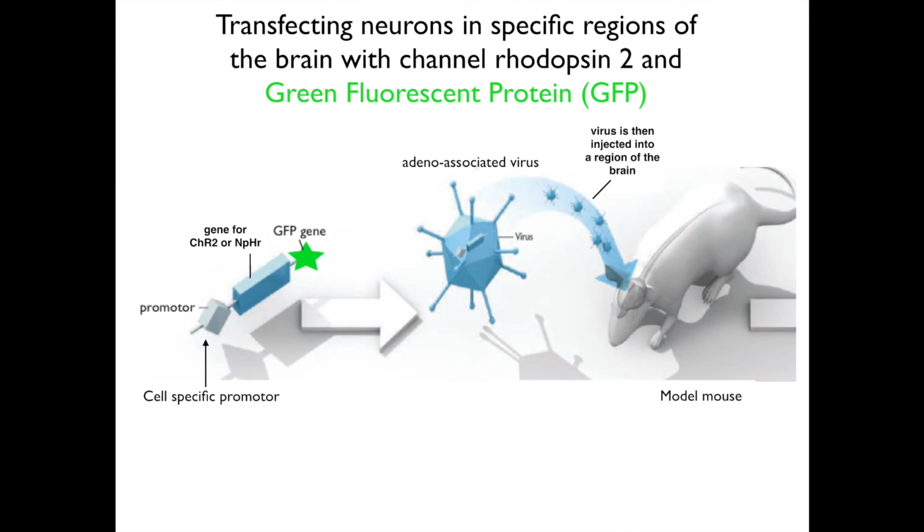The gene for GFP has been cloned, and indeed it can be attached to the microbial rhodopsin gene, which is then used to transfect a region of the brain in the same way as I described previously. So now every cell that's transfected with the microbial rhodopsin also expresses green fluorescent protein.